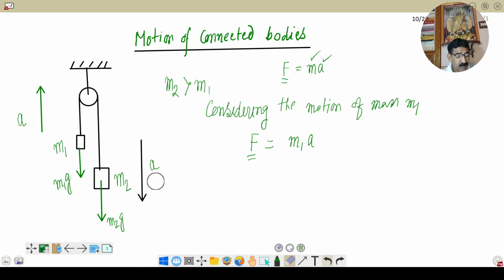Now there is another force. Suppose there is a body here, it is being pulled by a rope connected with the body. This is the rope. And suppose the force applying agency is here.